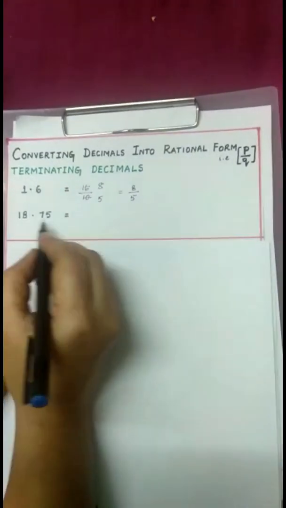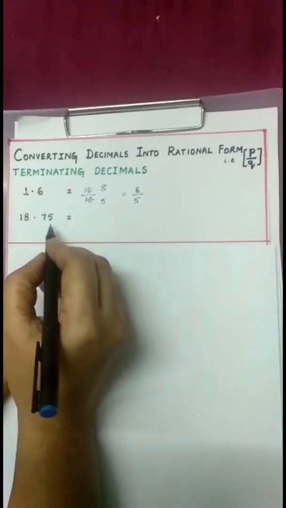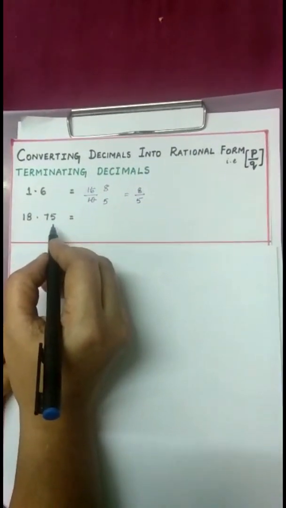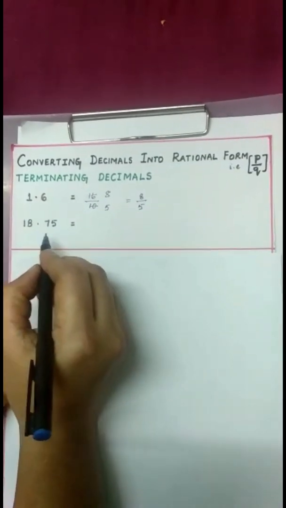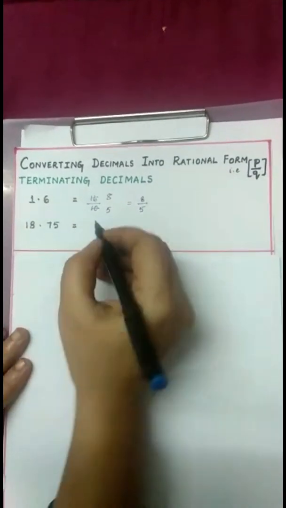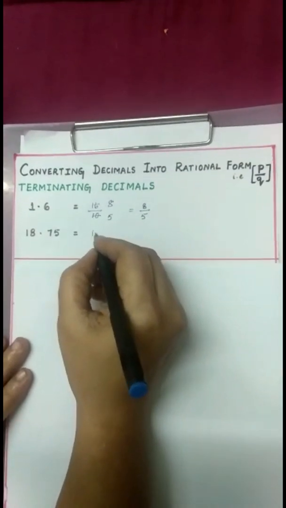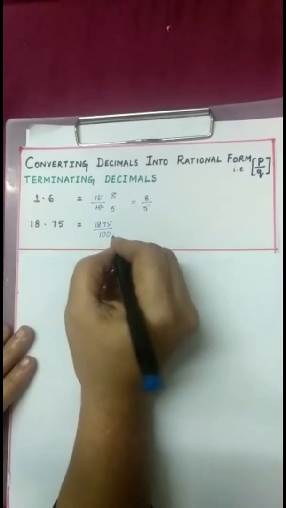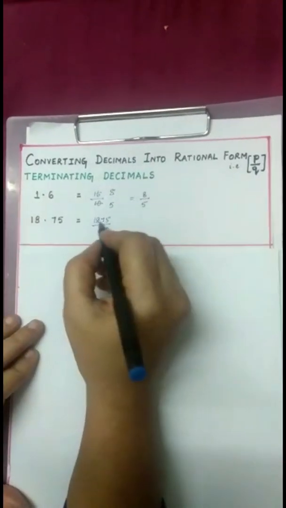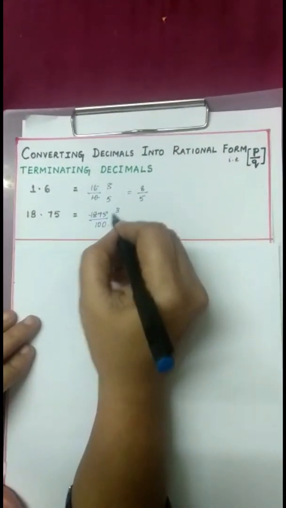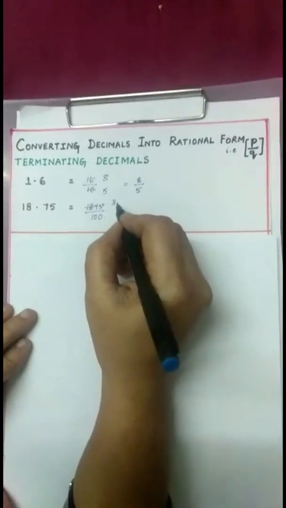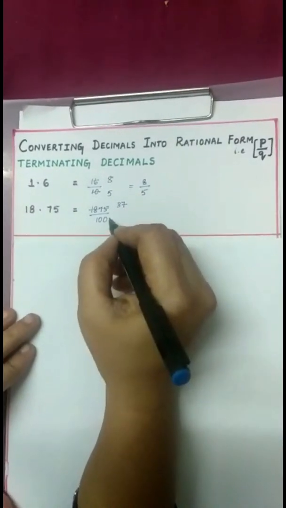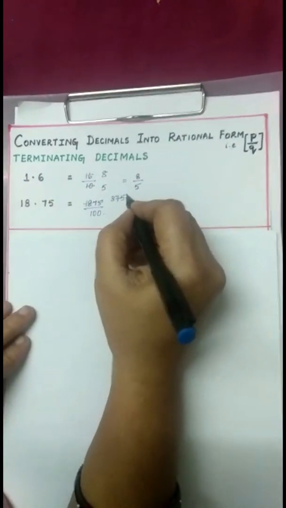Now here in 18.75, as we have two places after the decimal, let us divide 1875 by 100. Now let us simplify. With the 5 table, 5 3s are 15, so 37 is the remainder, 5 7s are 35, 25 is the remainder, 5 5s are 25.